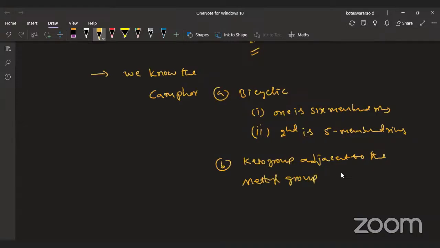The keto group is adjacent to the methyl group, and the CH2 group is alpha position to the keto group and adjacent to the isopropyl group.